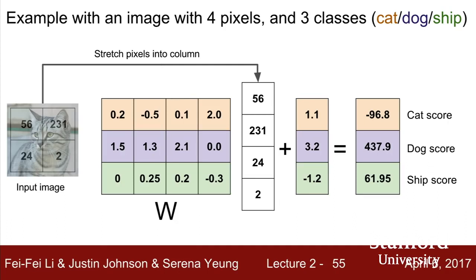The dot product between the row of the matrix and the column giving the pixels of the image gives us a similarity between the template for the class and the pixels of our image. And then this bias again gives you a data-independent scaling offset to each of the classes.